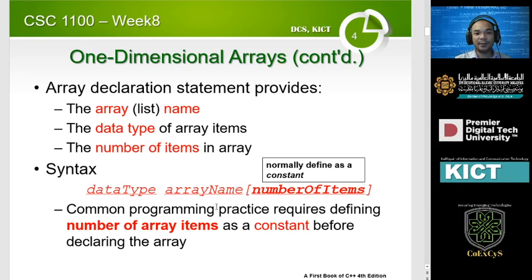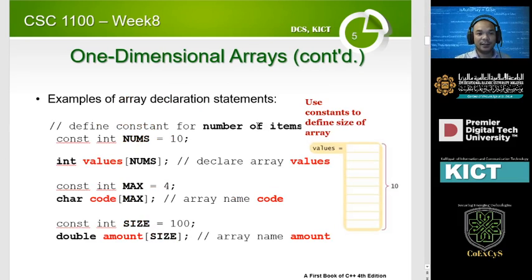Now, it's a common programming practice. Usually, you will have the number of items as a constant during the declaration, right? So you would have a constant integer, for example, num items equals 10. So this value actually doesn't change, right? Okay, so let's look at how this is being done in your programming.